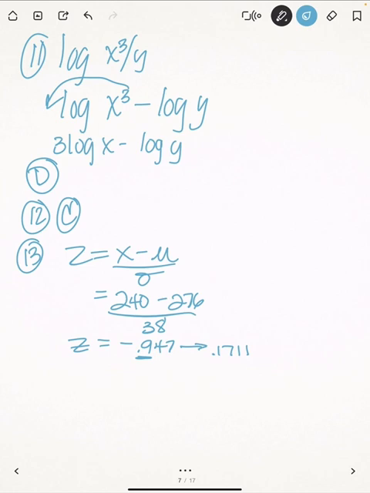So all you're going to do is find the value here, which is A, as in Ant-Man. Because basically 0.1711 is rounded down, and 0.1735 is also rounded down.